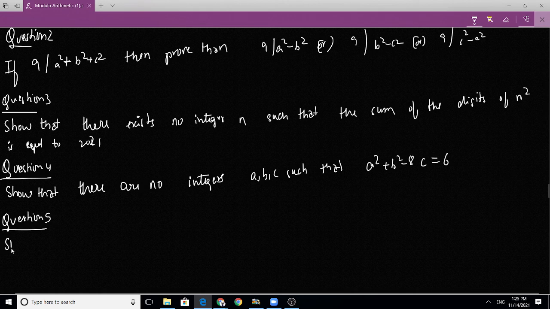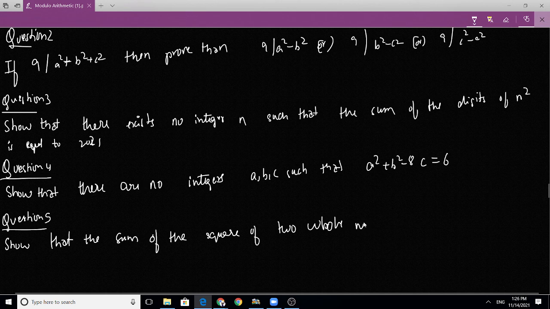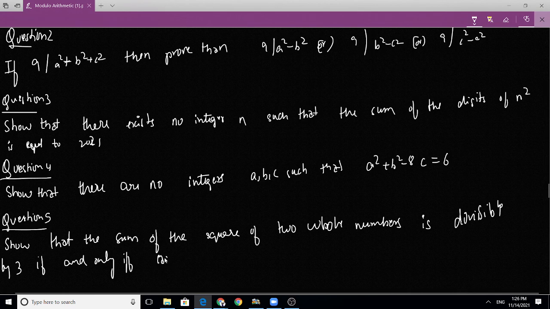Show that the sum of the squares of two whole numbers is divisible by 3 if and only if each of them is divisible by 3.